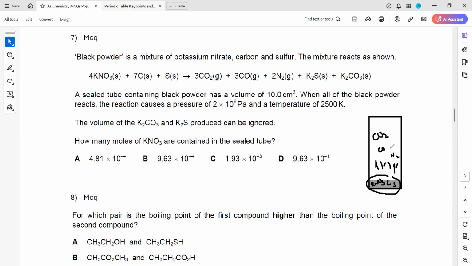The gases will take up the same space as the container. If the container is 10 cm cube, the whole space occupied will be 10 cm cube. If the container was 50 cm cube, then the gases will occupy 50 cm cube. So the total volume of the gas produced is equal to 10 cm cube.